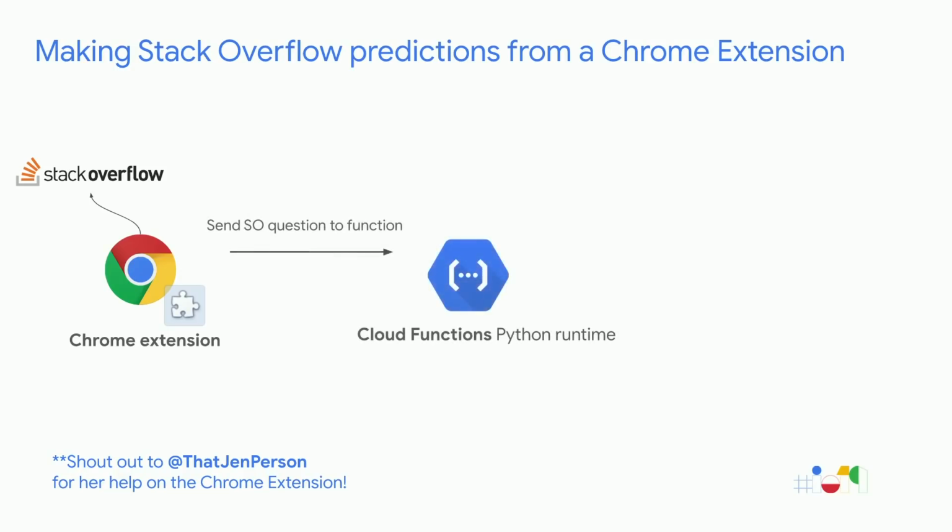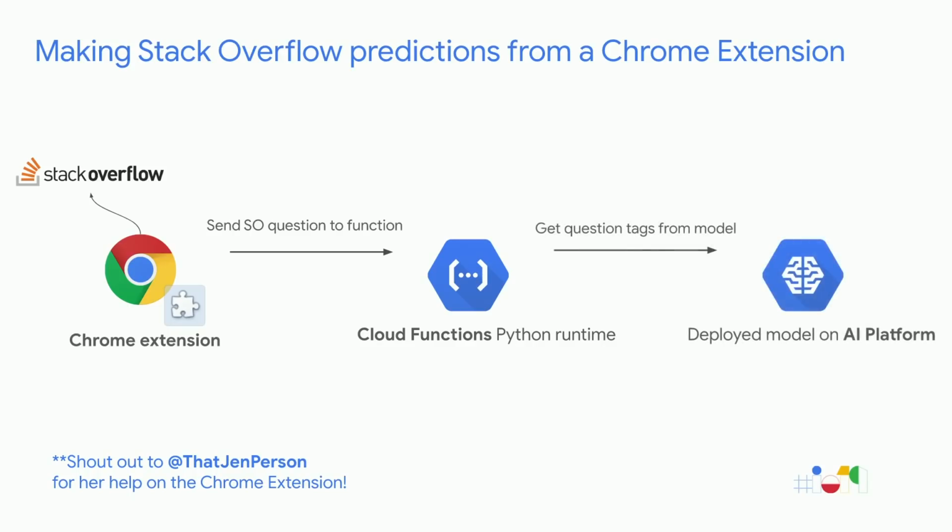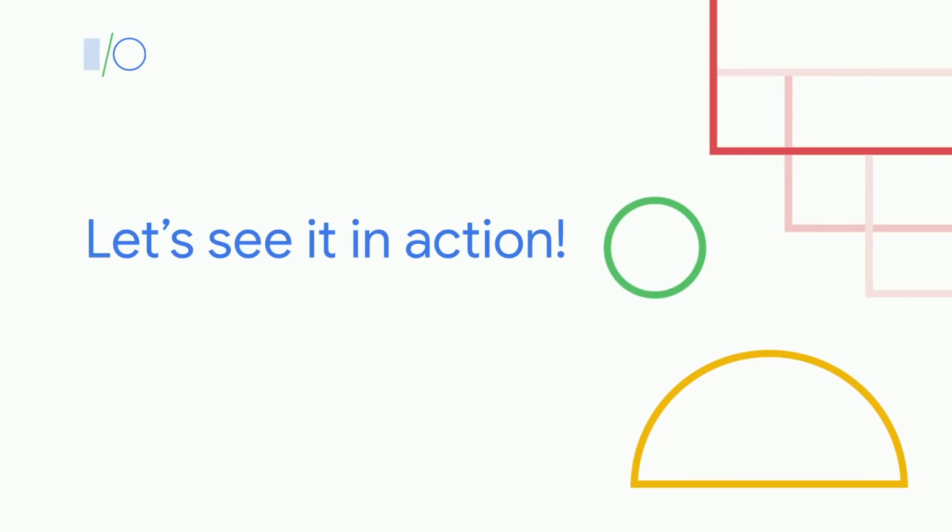It passes it to a Cloud function, which I've written using the Cloud function's Python runtime. The function will use the AI Platform API to make a prediction on our model. And then in our function, we'll return just the name of high confidence tags back to our Chrome extension. So let's see it in action.